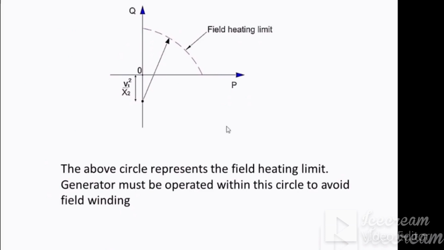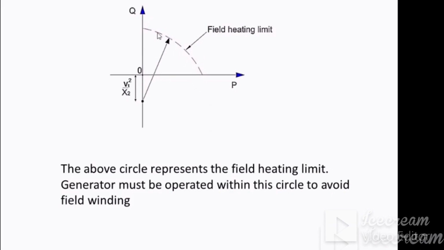So here active power is taken on the x-axis, whereas the reactive power is shown here, and Vt square by xs is the point from which your circle, with Vt square by xs acting like a radius, is drawn for this curve.